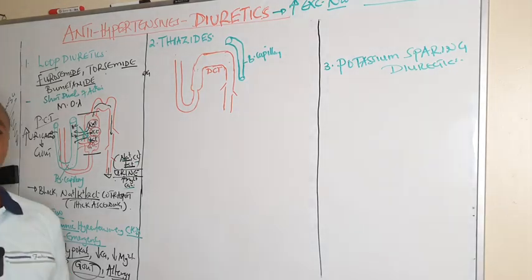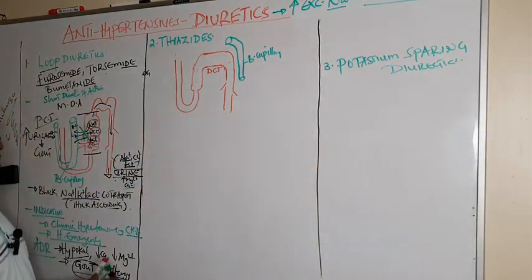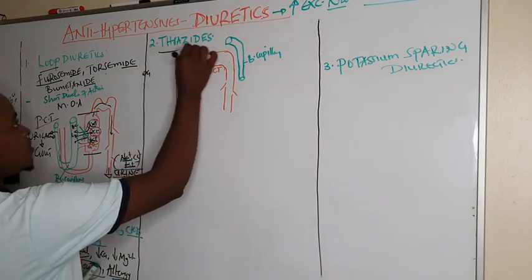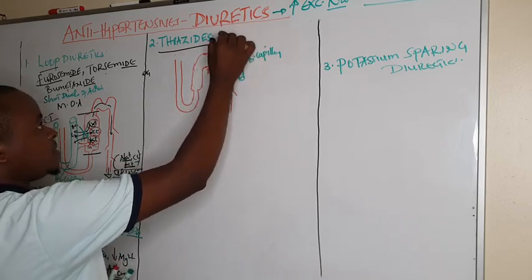The second class we are going to talk about in this session is thiazides. The thiazides include those which are thiazides and thiazide-like.